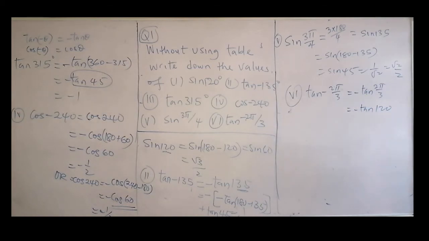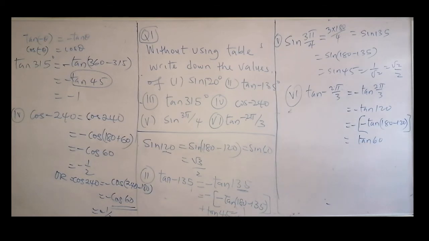That will be equal to minus, let's open the bracket here, this value is in the second quadrant. Because it's not in the tangent region, that will be minus tan 180 minus 120. Minus times minus is plus, so that's tan 60.